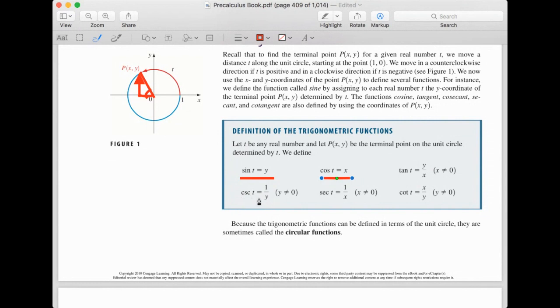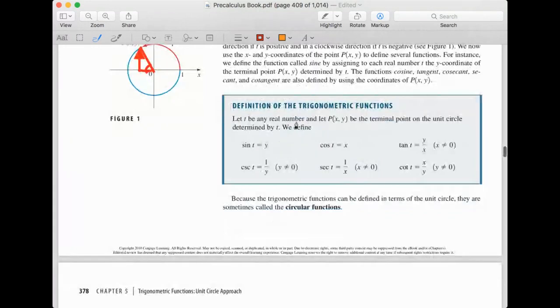Cosecant equals 1 over sine. Secant equals 1 over cosine. Cotangent equals 1 over tangent. Right? Reciprocals. So six functions.